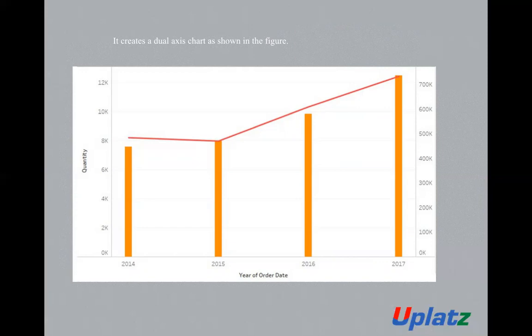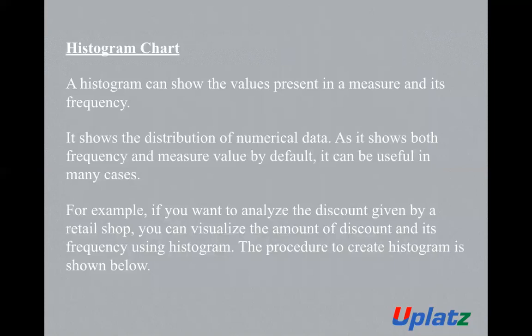This is how a dual axis is prepared and how it looks. You use it when you want to look at one measure along with another, how these two measures are related or correlated to each other, and how they are behaving or performing over the years of order date.